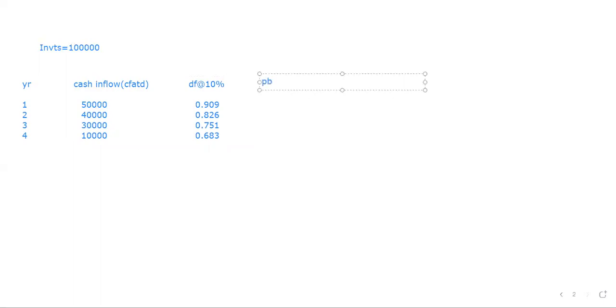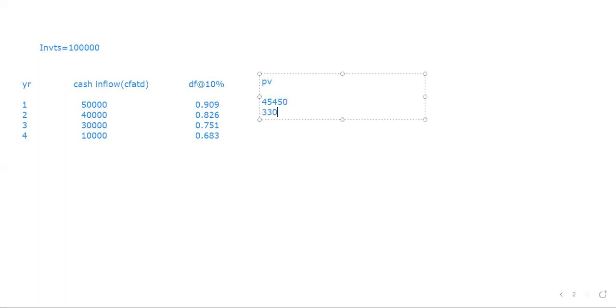Using my calculator, the first one is 50,000 into 0.909, which is 45,450. The second one is 40,000 into 0.826, which is 33,040.